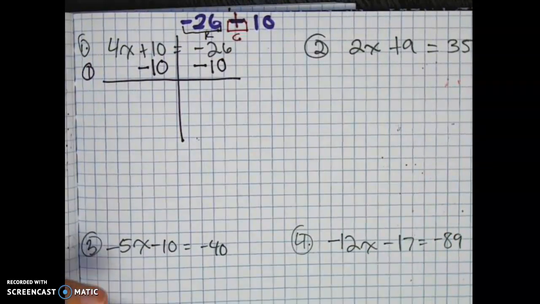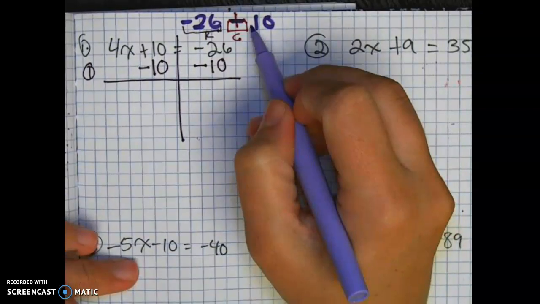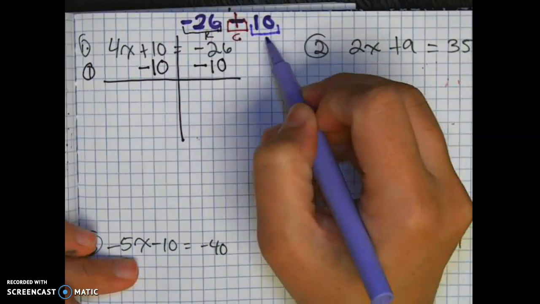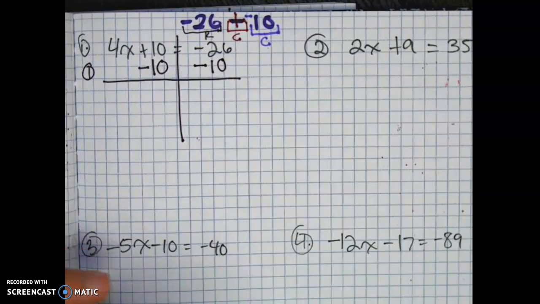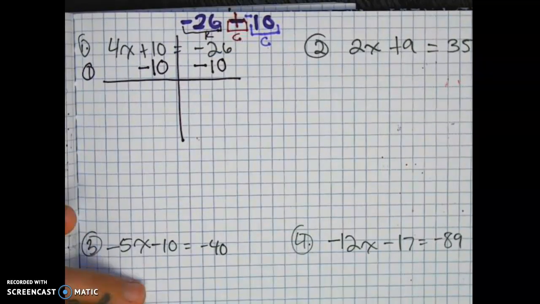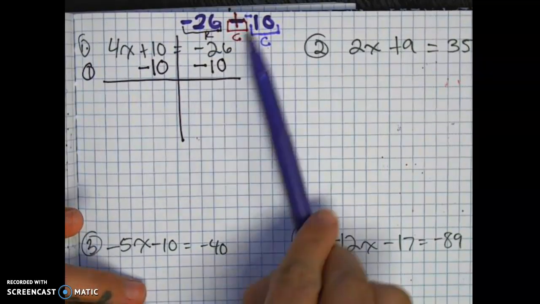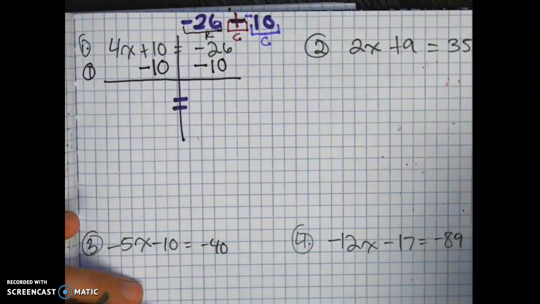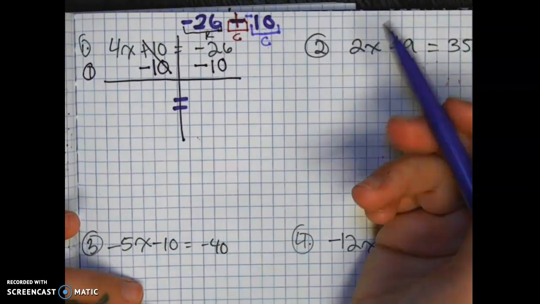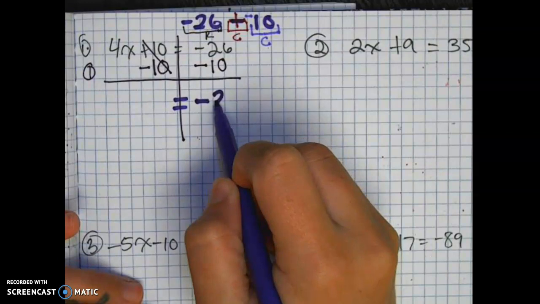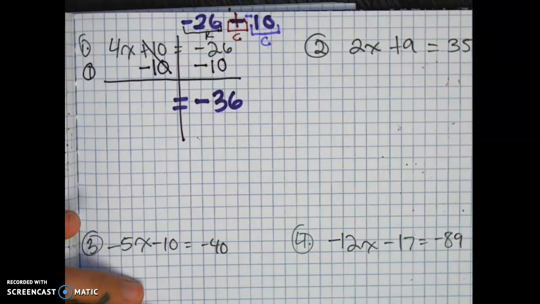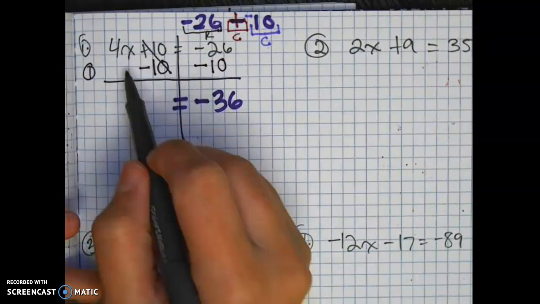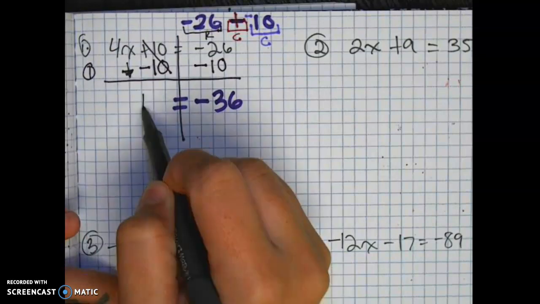Therefore, it makes my 10 a negative. So I have negative 26 plus a negative 10. Since I know that it's going to become more negative, negative 26 plus negative 10 is going to give me negative 36. What I have left over here is just a 4x.